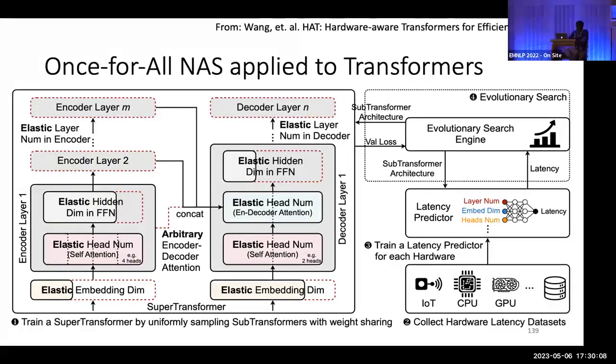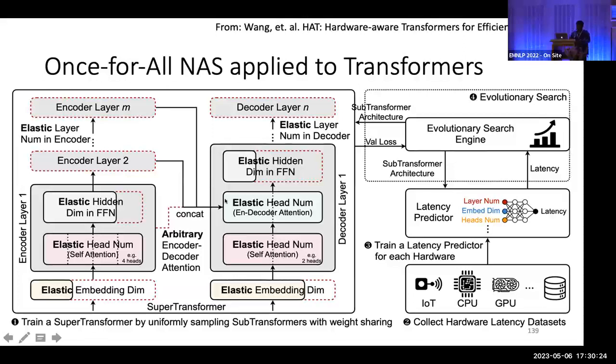Okay, now we're going to move from HPO to NAS. So this paper by Wang et al., I really recommend reading it if you're interested in NAS. They looked at this once-for-all NAS architecture applied to transformers.